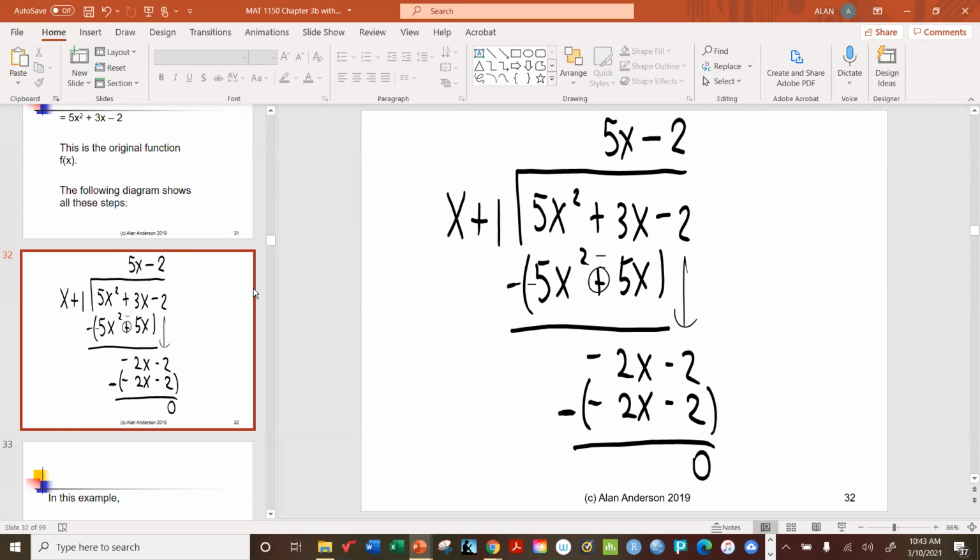This time there's no remainder. What do you know? It's always a nice day when there's no remainder. Okay, so this is your f of x. This is your d of x. This is your q of x. This is your r of x. Yep, it always feels very pleasing when there's no remainder.